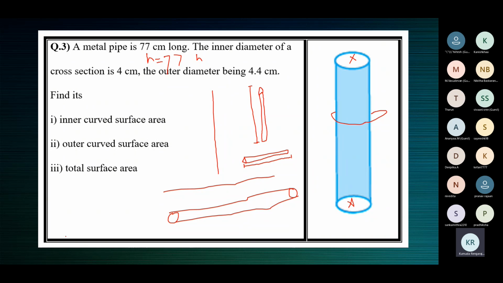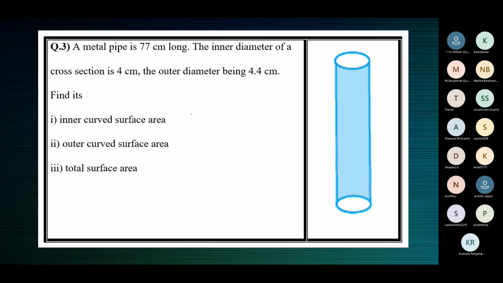The inner diameter. So see here, there's something like the inner diameter and the outer diameter. That means the wall of the cylinder is thick.